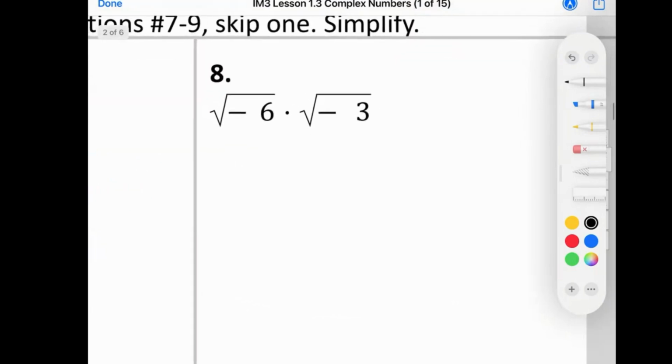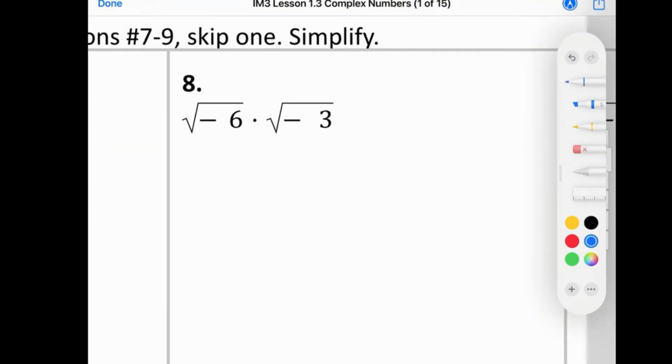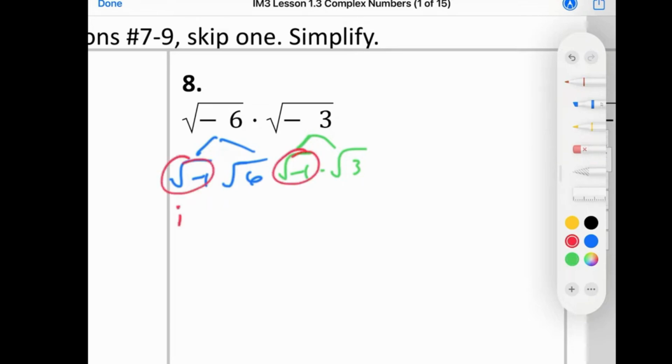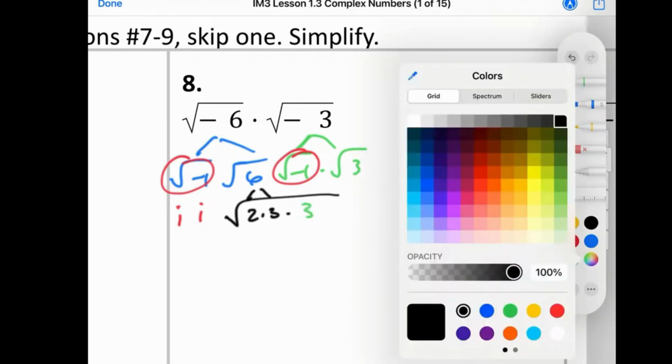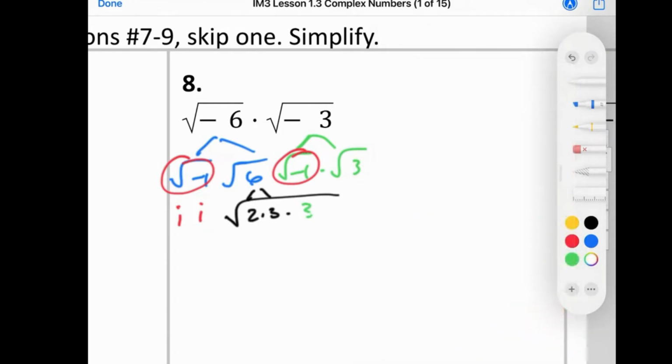And question number 8. Same thing, let's separate them. -1 radical 6, -1 radical 3. You guys see the big idea here? Square root of -1 equals i. That's what we're learning here. And these are both underneath the radical, so you could do 6 times 3 is 18, or you could just stop there and just do 2 and 3. And then you'll see the pairs.